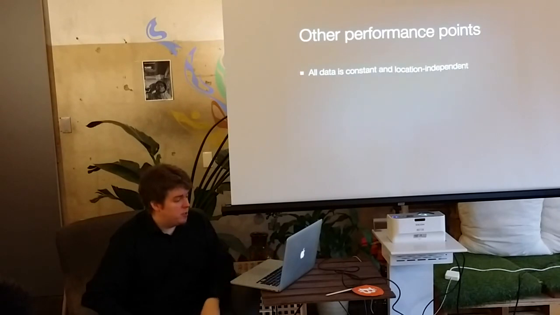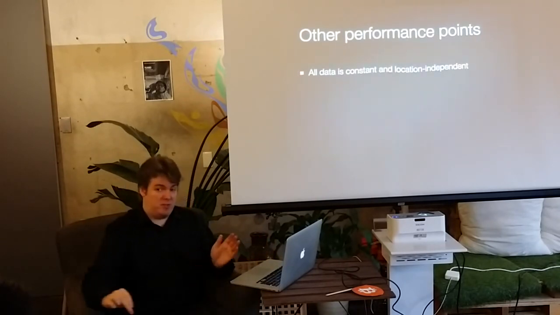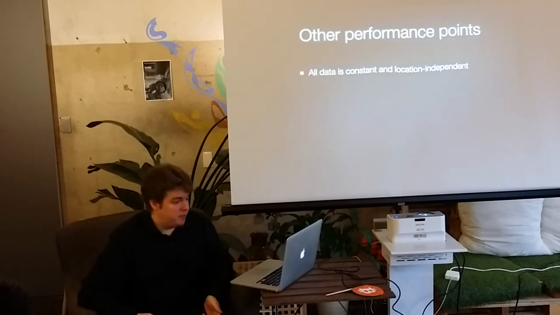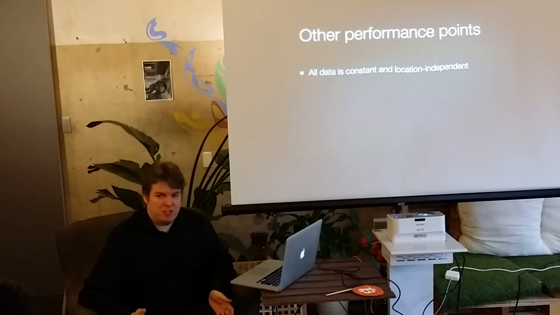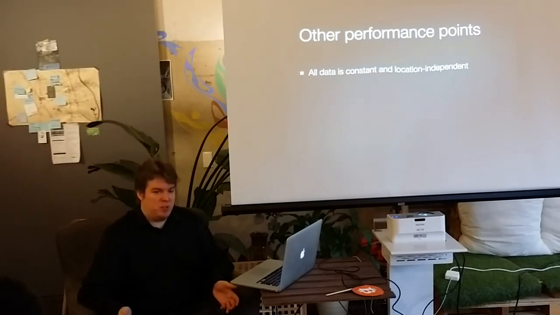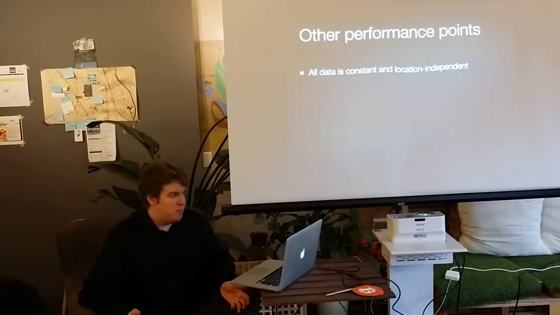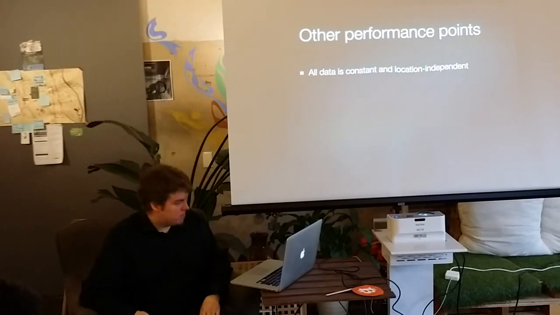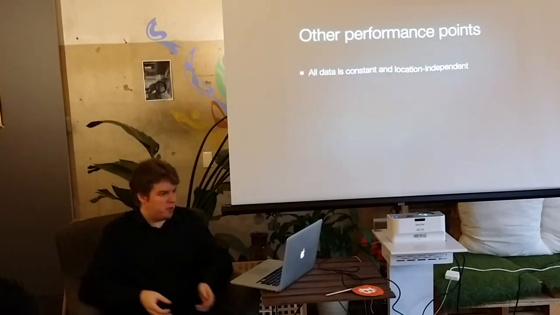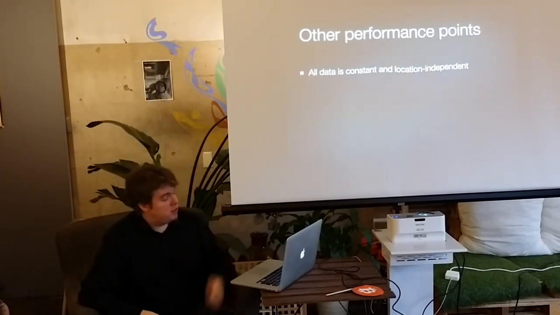Some observations about being kind of clever with the data. By storing it as arrays and indexes into arrays, all the data is constant, and it doesn't matter where in memory it's located. Normally, when you program, you use pointers, but pointers are more sensitive. You can't just shift a pointer because then it's invalid, but an index you can shift.